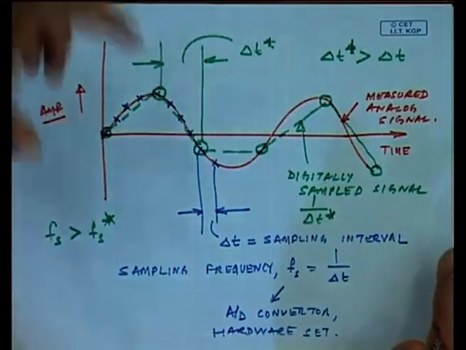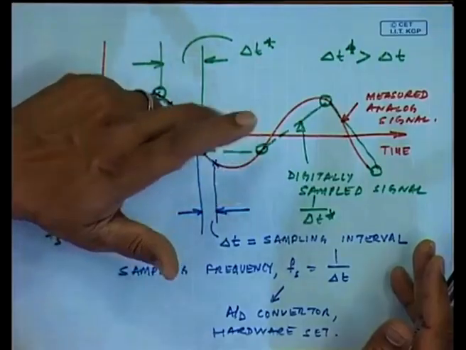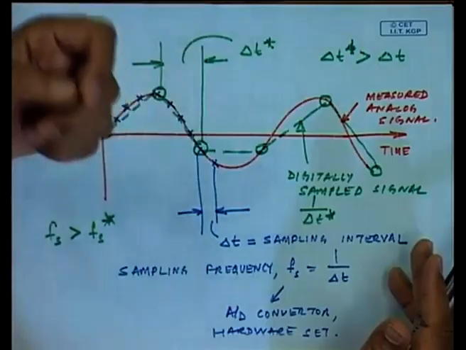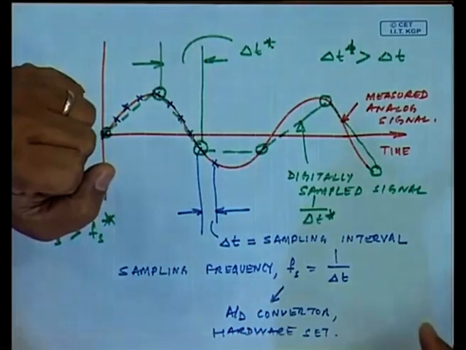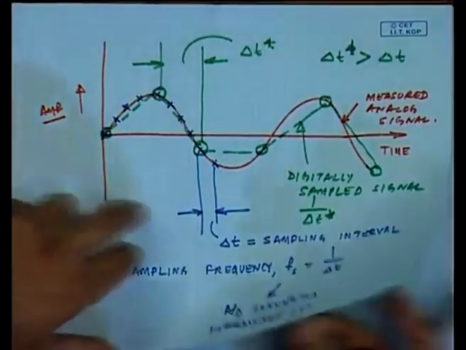I am not able to faithfully represent my original red signal with a sampling rate lower than the required amount of sampling. The higher the sampling rate the better, but there are limitations, as we will see later.